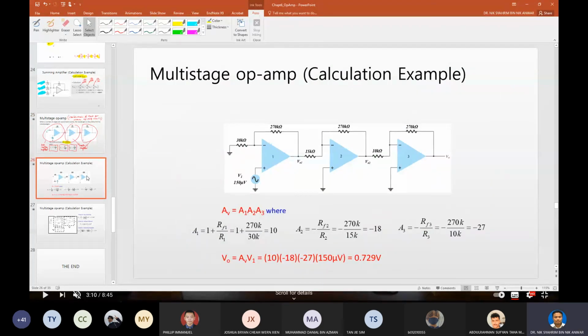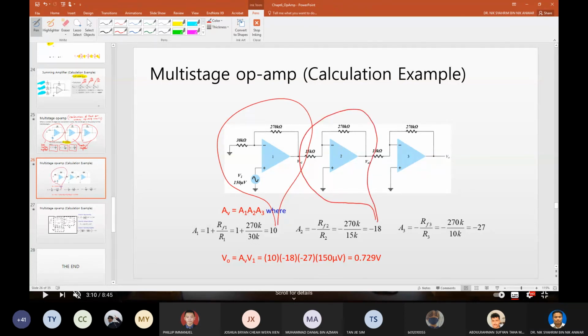So, example calculation. I think this circuit is the same as the previous slide. So the first part here is this one, and then this is the second part, and this is the value for the third one.